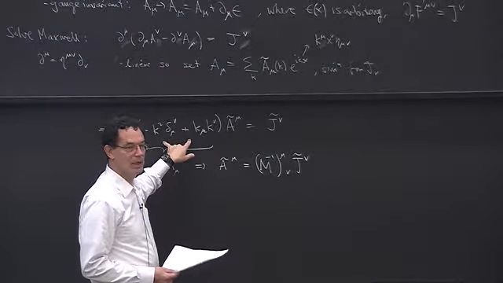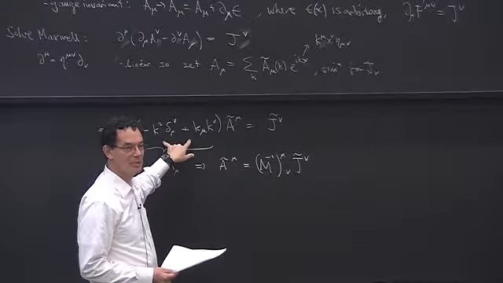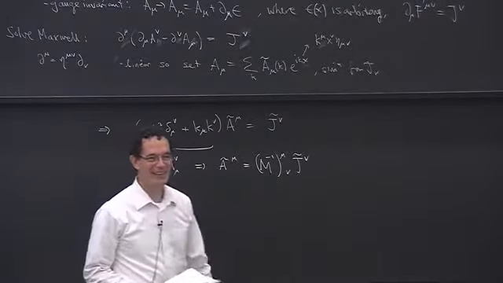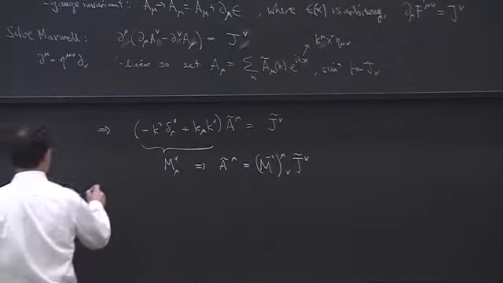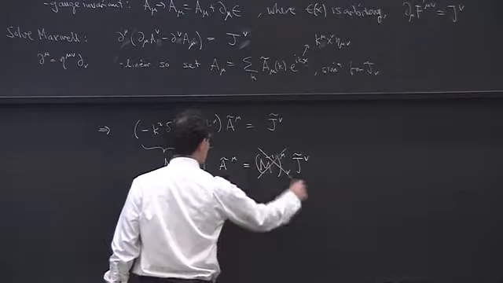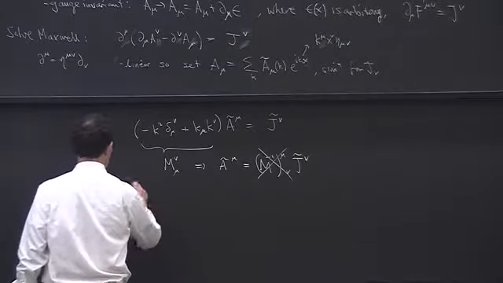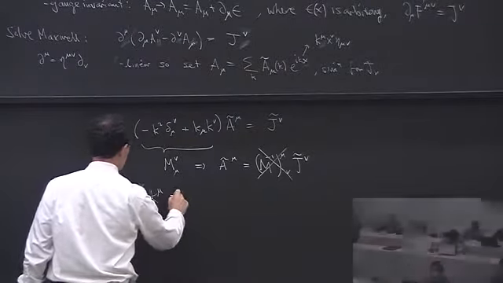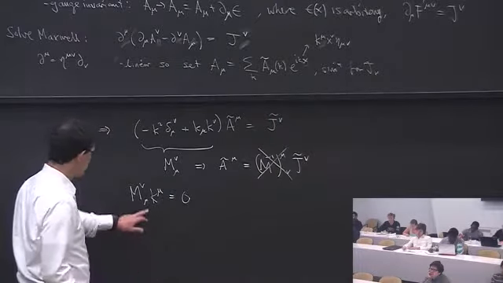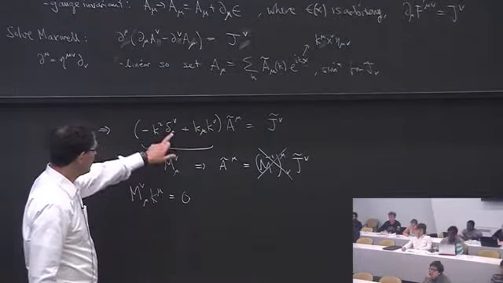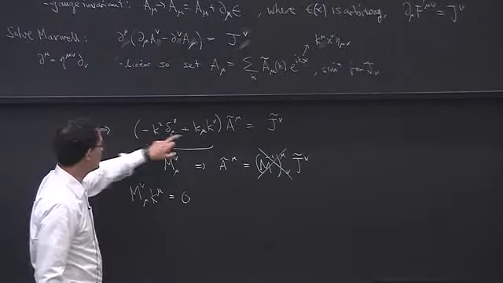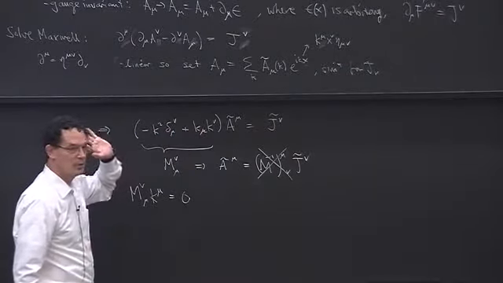You can see it by inspection. There's only one vector in the game, k. So the problem is that M mu nu k nu equals 0. Because if I multiply with k, this term is going to be k mu with a minus k squared, and this will be k mu with a plus k squared.